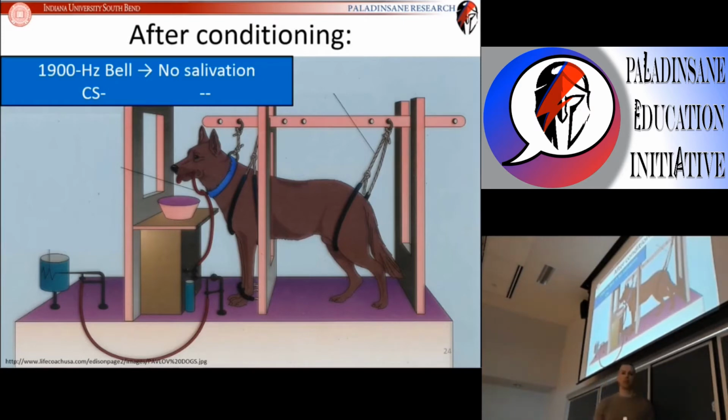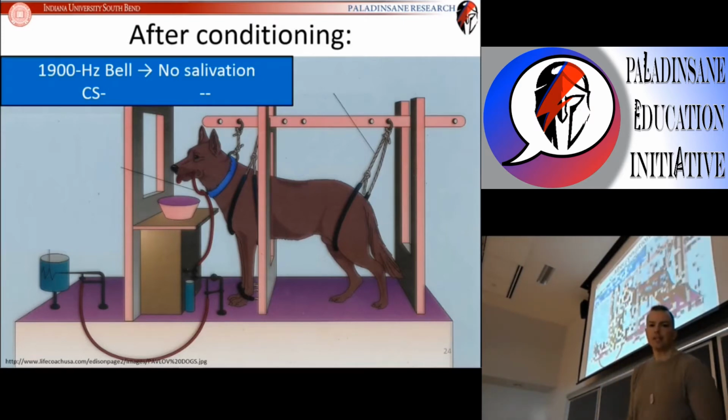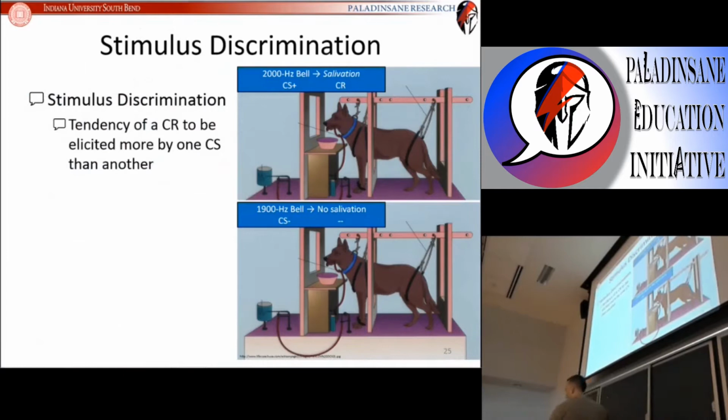So this is discrimination training. This is stimulus discrimination. And if you get this situation here, where the dog has a conditioned response to a 2000 hertz bell, but it has no response to the 1900 hertz bell, what that means is the dog can tell the difference between those two bells.